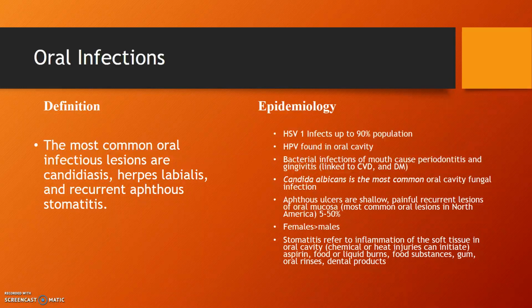Epidemiologically, HSV1, herpes simplex virus one, infects up to about 90% of the population. Human papillomavirus, HPV, is also found in the oral cavity, and we know certain strains of it are responsible for oral malignancy.